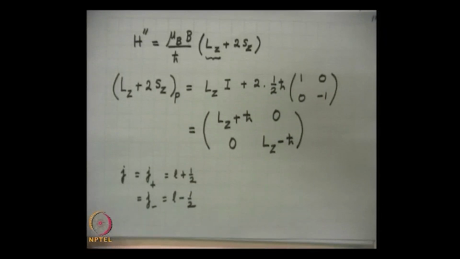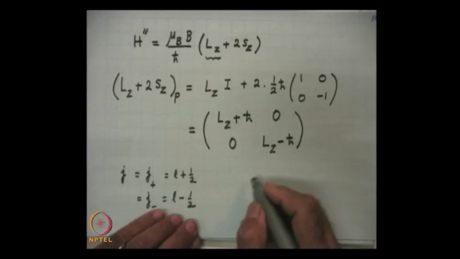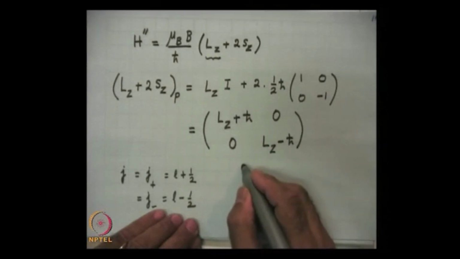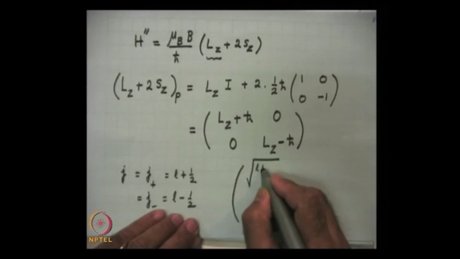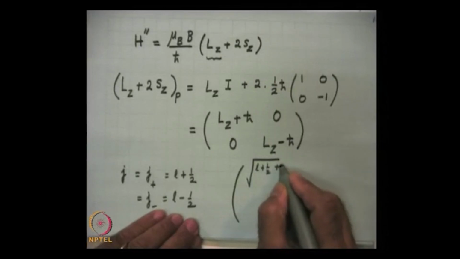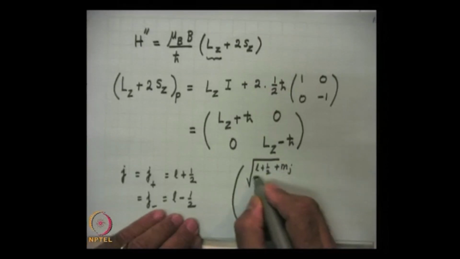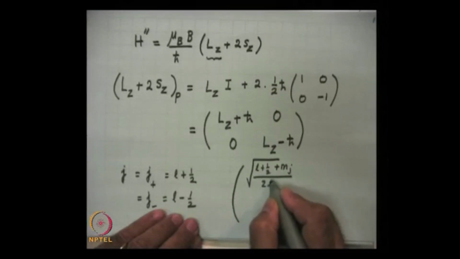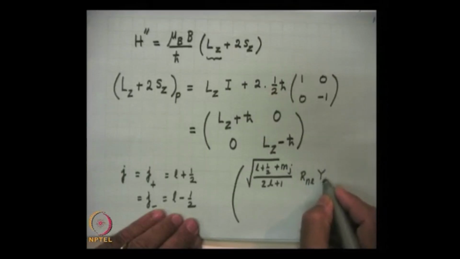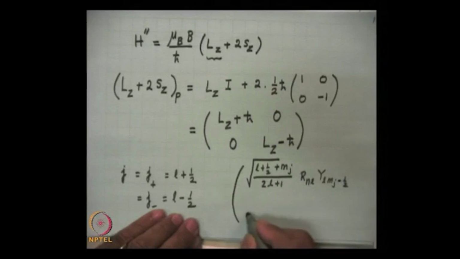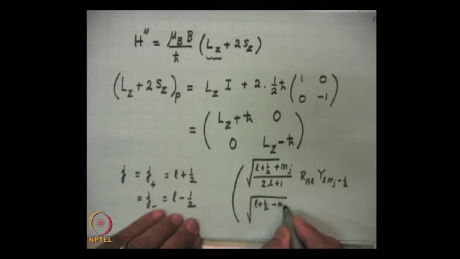Now, corresponding to j equal to L plus half, what is the corresponding Pauli wave function? This we had determined using Clebsch-Gordan coefficients. L plus half plus, I would like you to look up the 2L plus 1 R N L Y L M J minus half and L plus half minus M J.